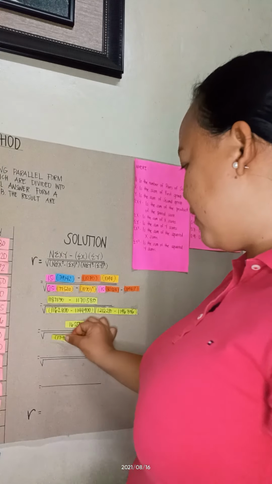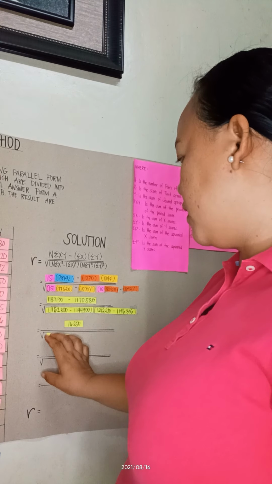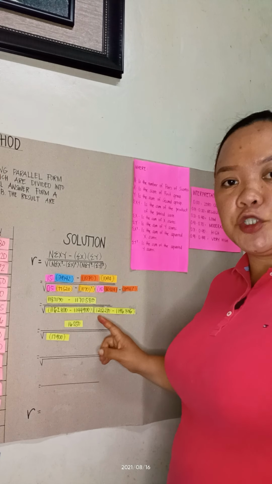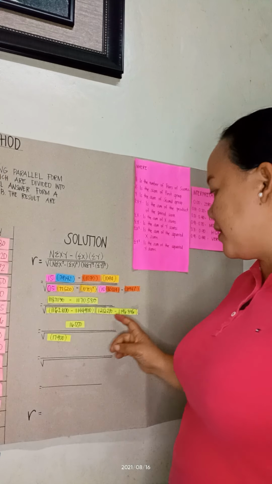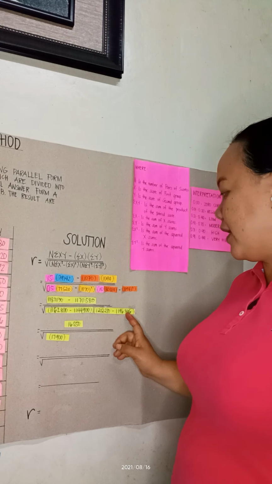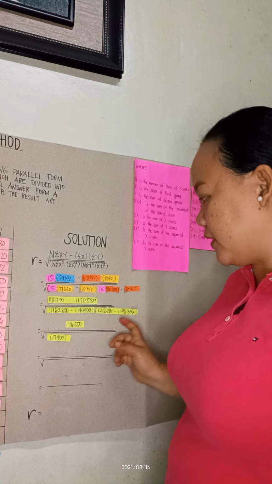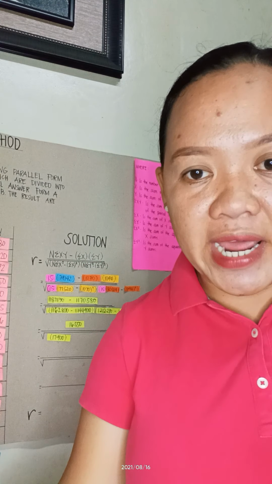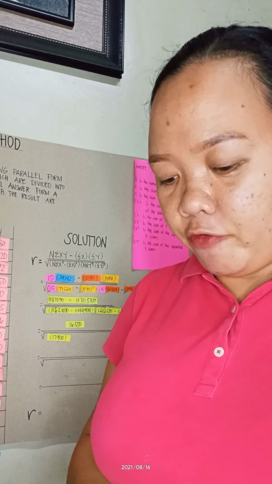So 17,900. Next, 1,212,210 minus 1,196,836 is equal to 15,374.